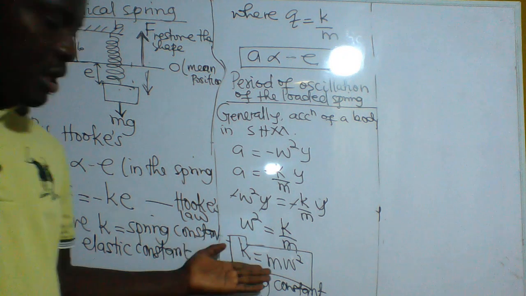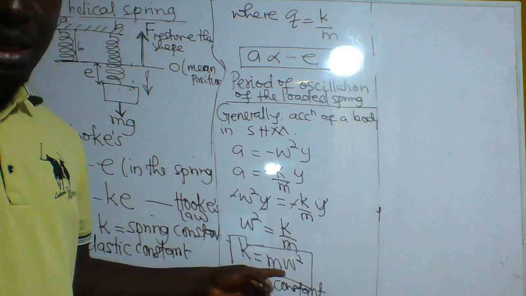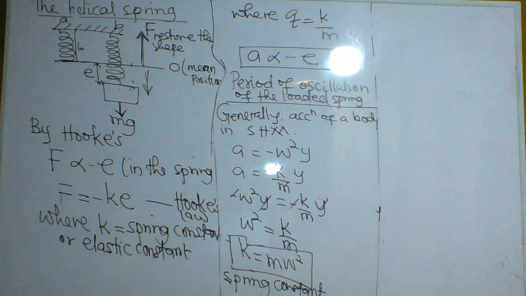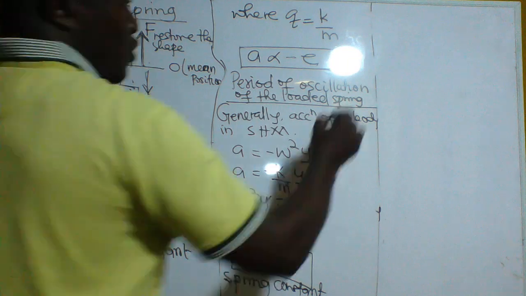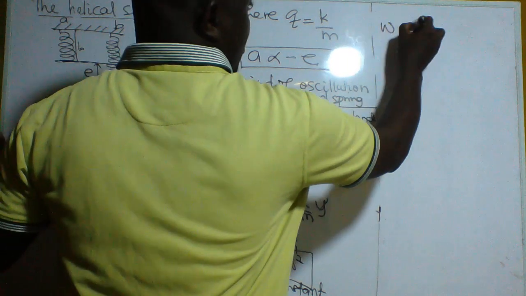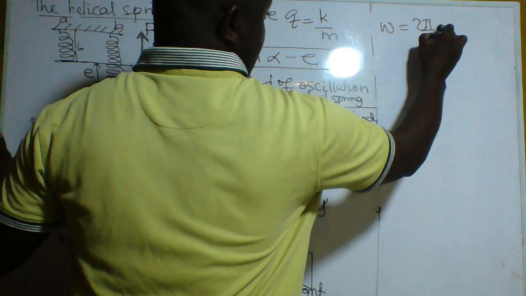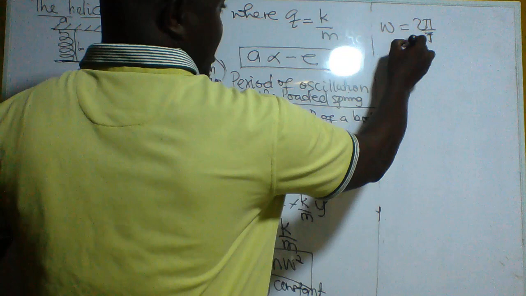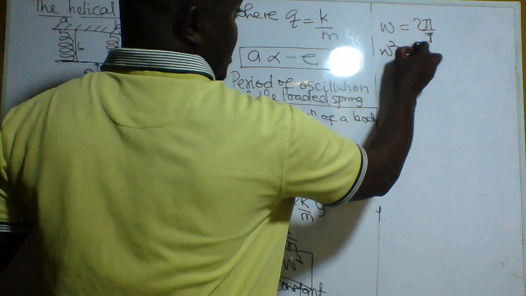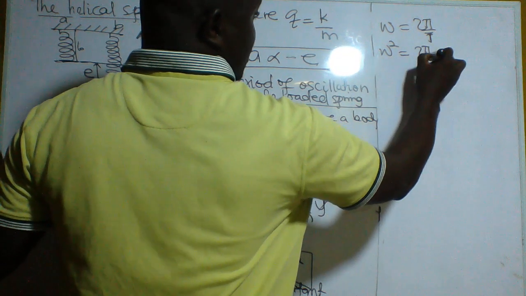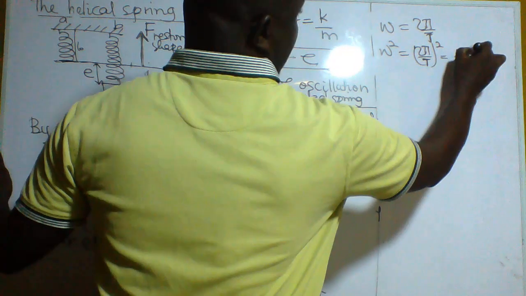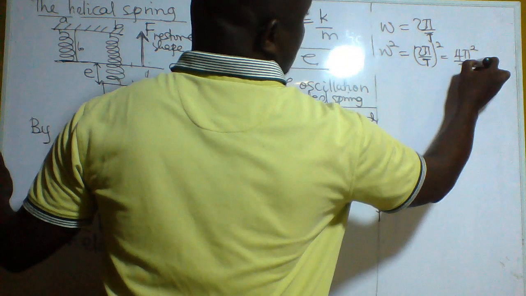Okay, so if you are calculating for k, it is equal to the mass times the square of the angular velocity. Okay, so if omega is equal to 2 pi on T, when we square omega here, omega squared is equal to 2 pi on T all squared, which is equal to 4 pi squared on T squared.